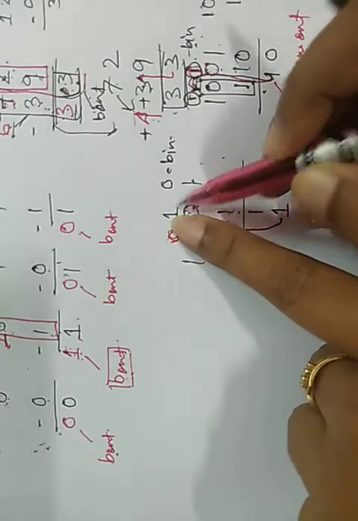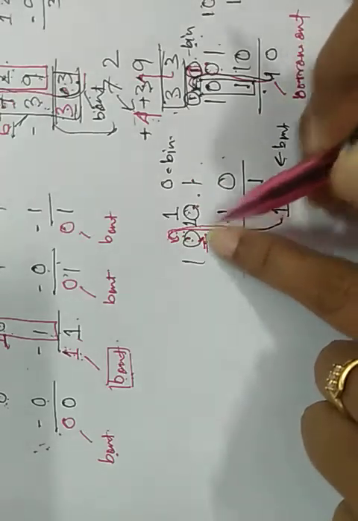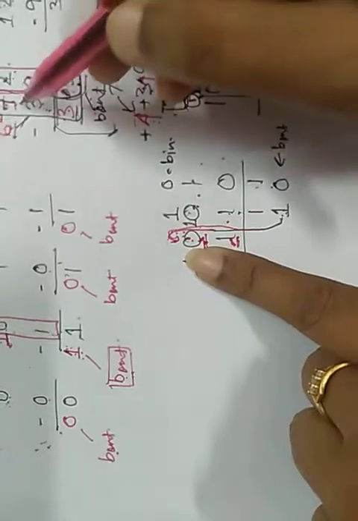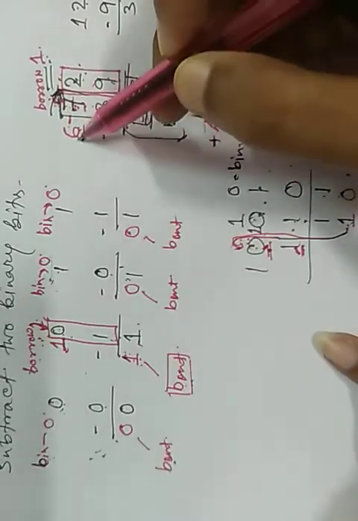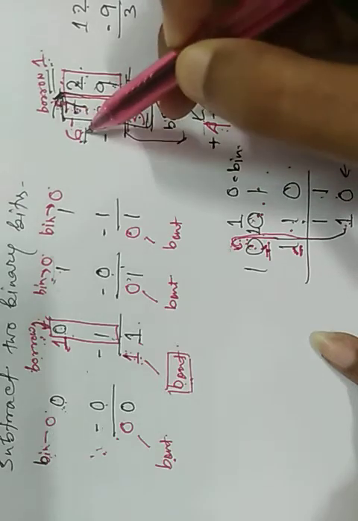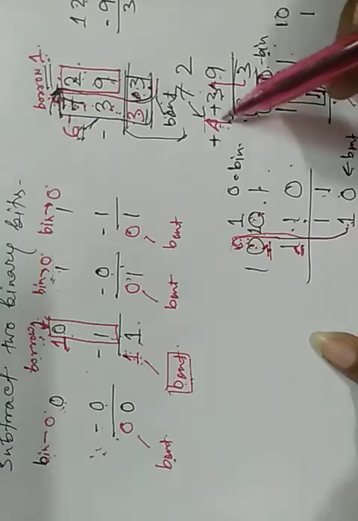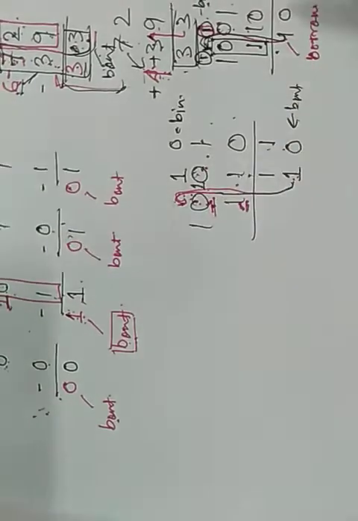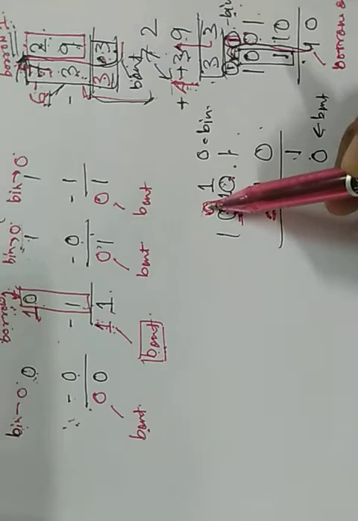Whenever we take borrow in, we don't need to do any addition and subtraction, but the borrow out goes into the next stage. You can also see here, whenever we take borrow 1, either 7 must be diminished by 1, it becomes 6 minus 3, or 3 must be increased by 1, it becomes 7 minus 4, 3. We can do either of these two operations. So borrow out will work in the next step.